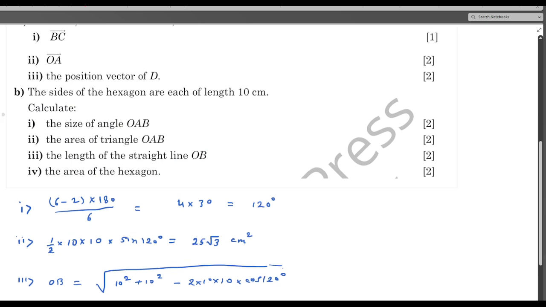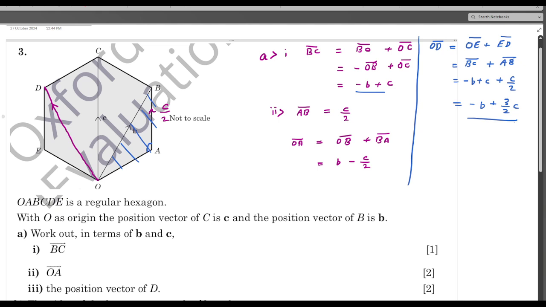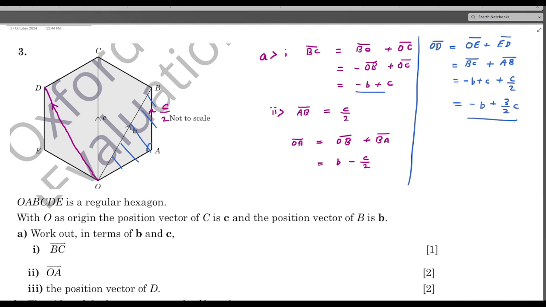Okay, and finally the area of hexagon. So area of hexagon, if you see this hexagon, I can divide it in two trapeziums, but the length between these two parallel lines should be known to me, or else what I can do.